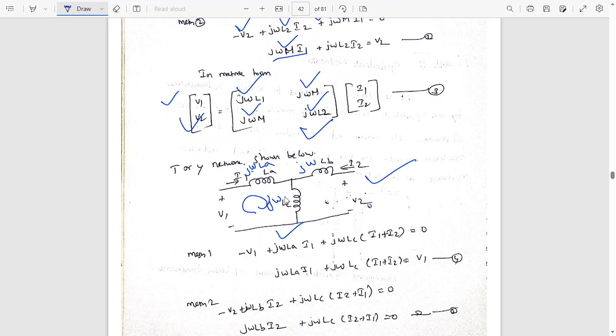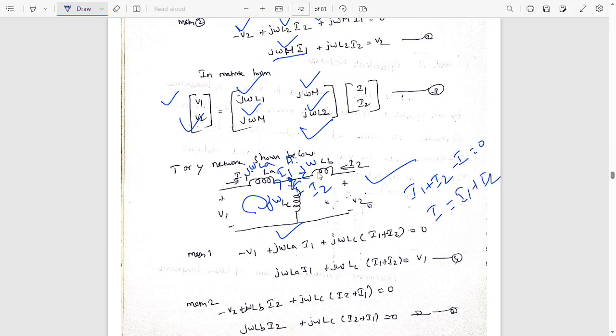And then what is the current flowing here? I1 plus I2. See the direction of current I1 and the direction of current I2. This is node A, and this is the current I need. I is going downwards, so I1 plus I2 minus I equal to 0, so I equals I1 plus I2.